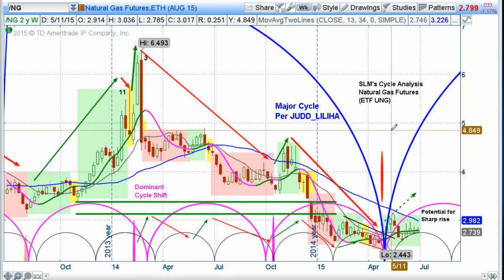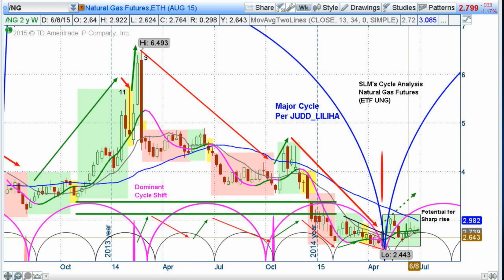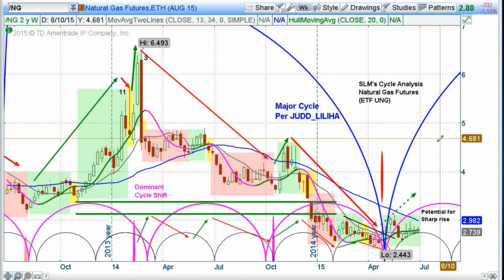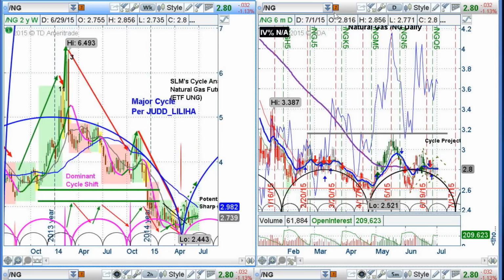That lines up with a pretty important bottom in there, and you get this rally period, this green period. That's bringing very, very little rally in here so far, but you could see my note in there. There's a potential for a sharp rise over here as we get further along in this period. So we're looking for a potential pretty good uptick there in that market.